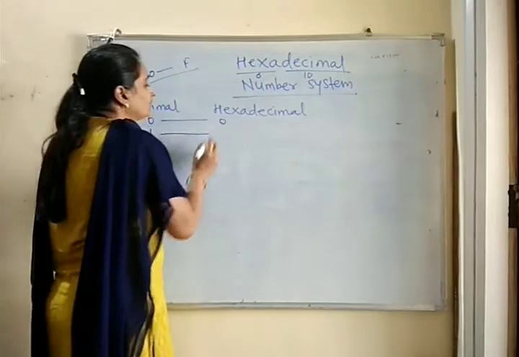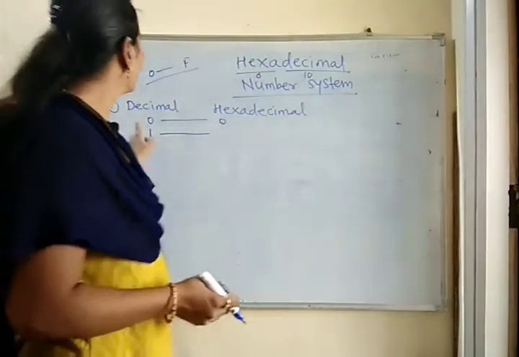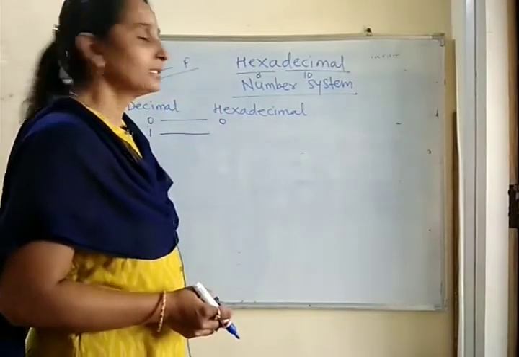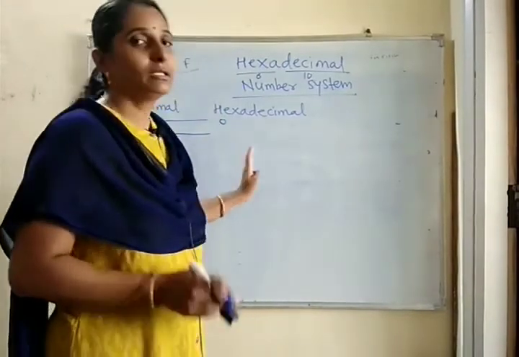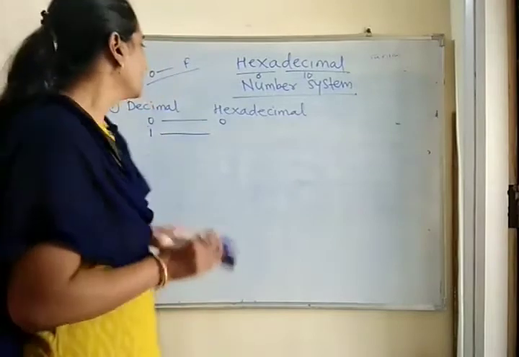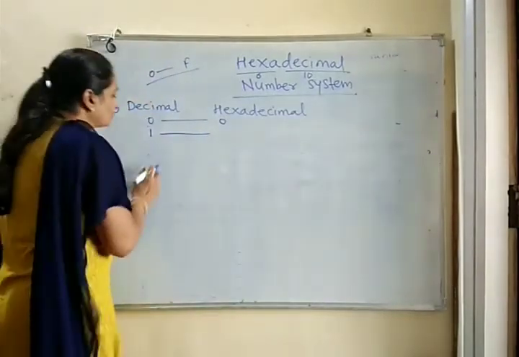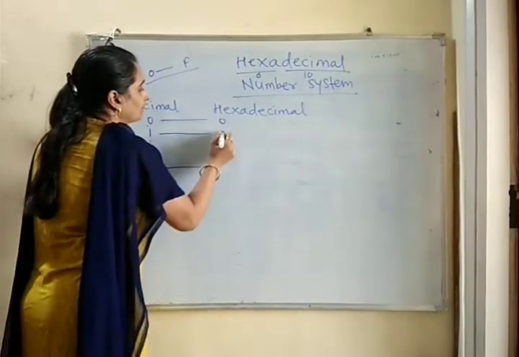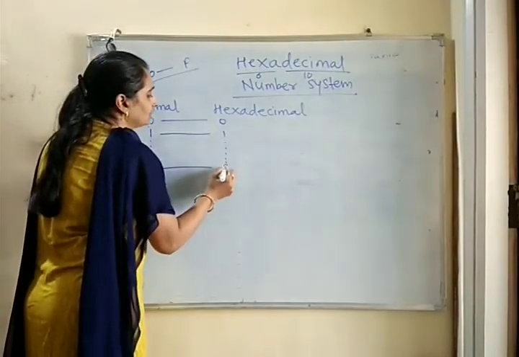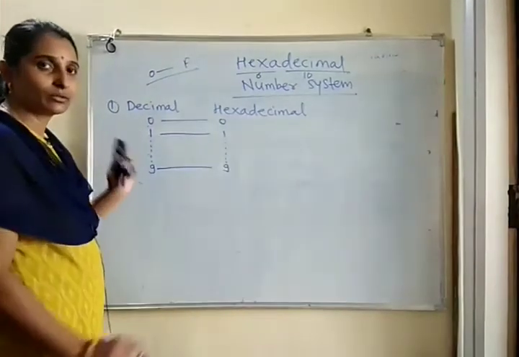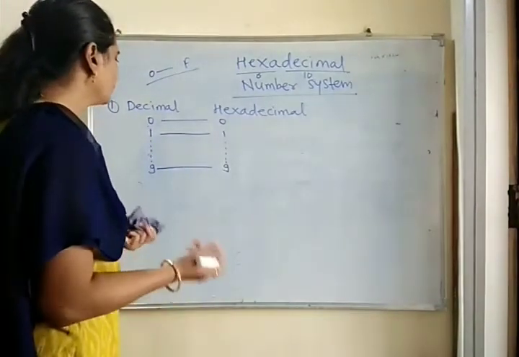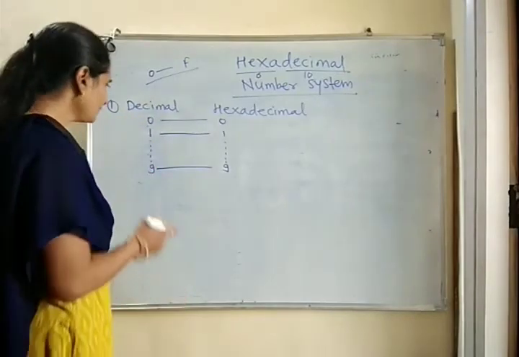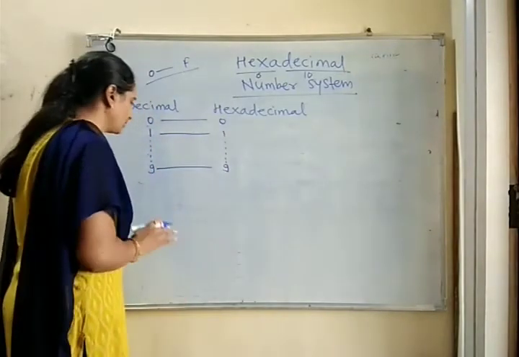Like in octal, where we represented 0 to 7 as it is, decimal 0 to 9 are represented in hexadecimal as it is. There is no need for conversion because every number is shown as it is in hexadecimal also.